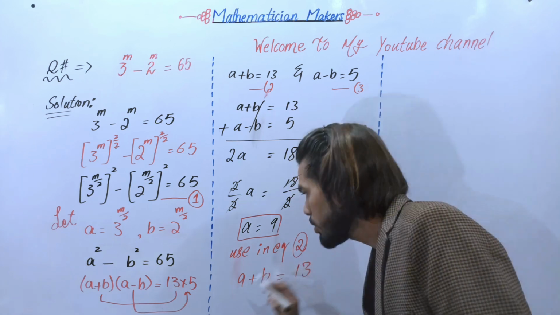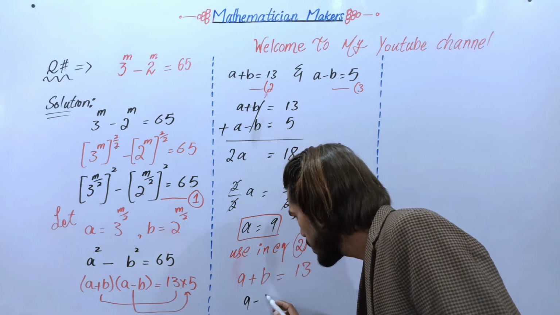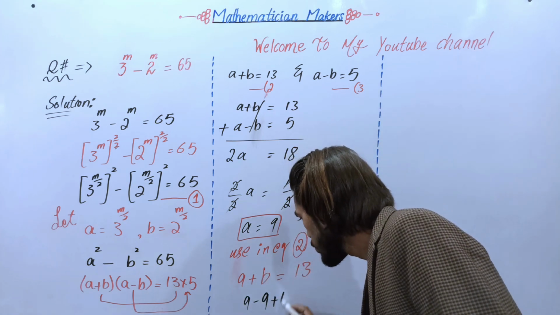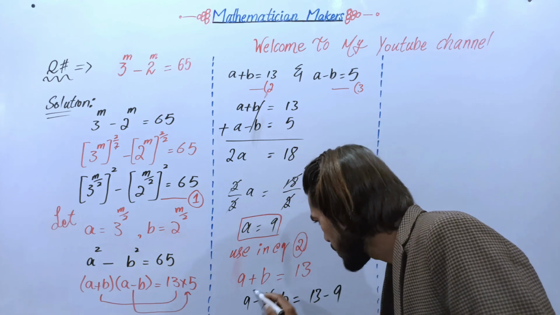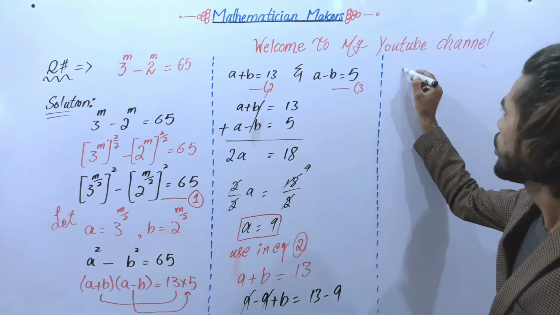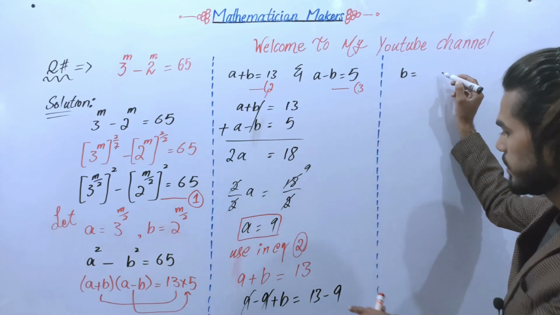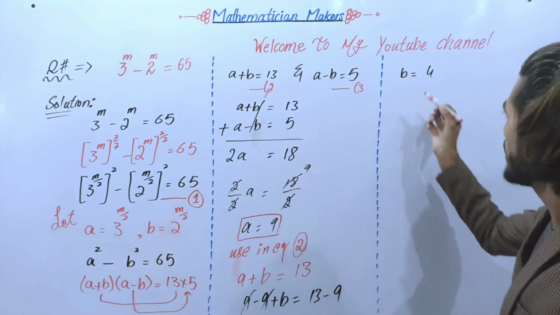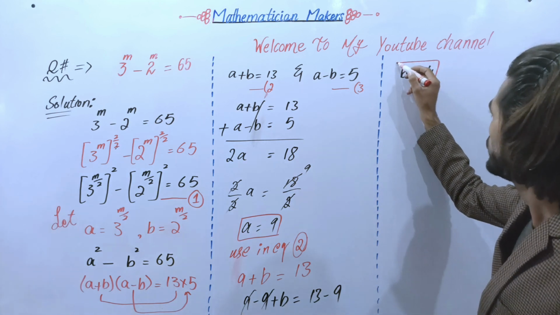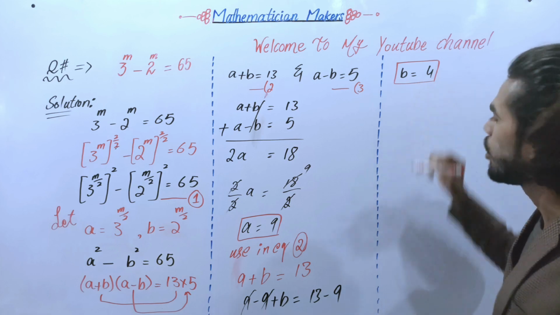We subtract 9 from both sides, this will be cancelled, and the value of b will be 13 minus 9, which is 4. We have found the value of a and the value of b.